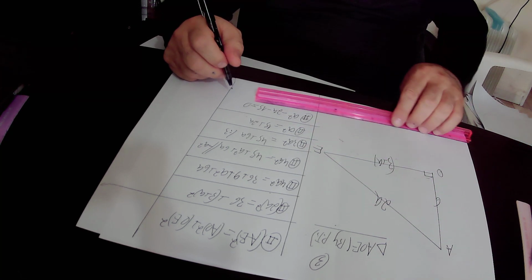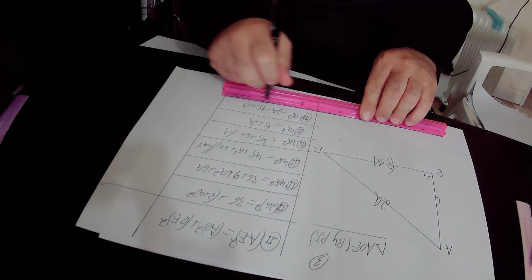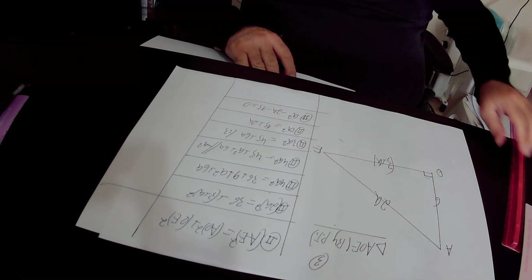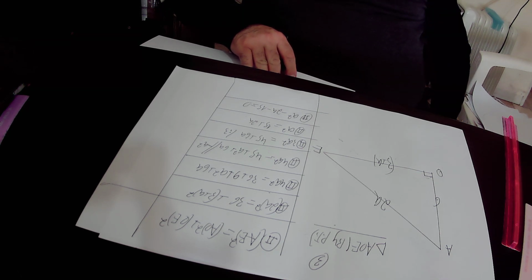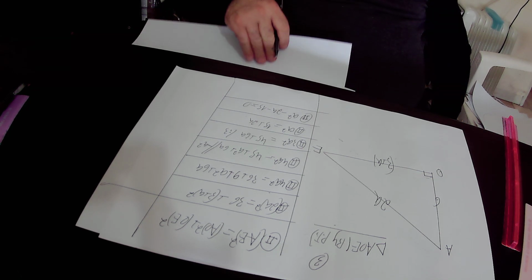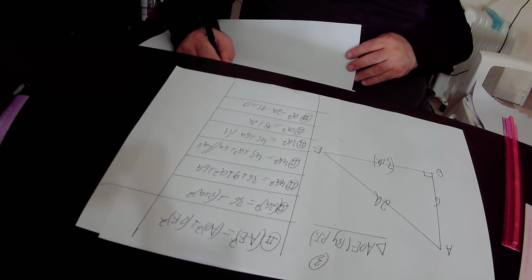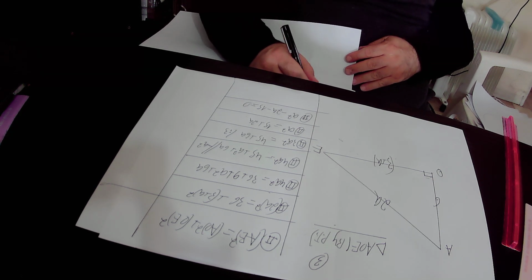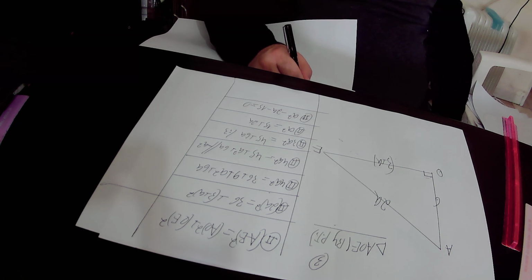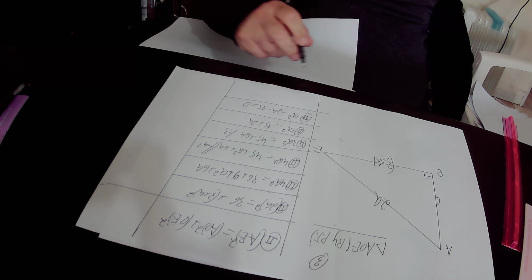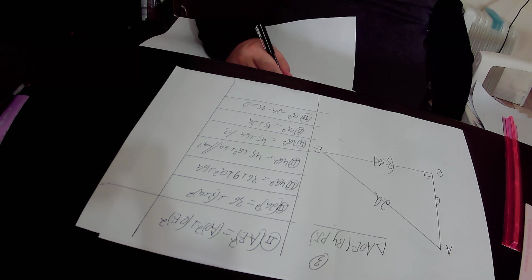So we have here a quadratic equation, and the coefficient A in this quadratic equation equals 1. The coefficient B equals minus 2.